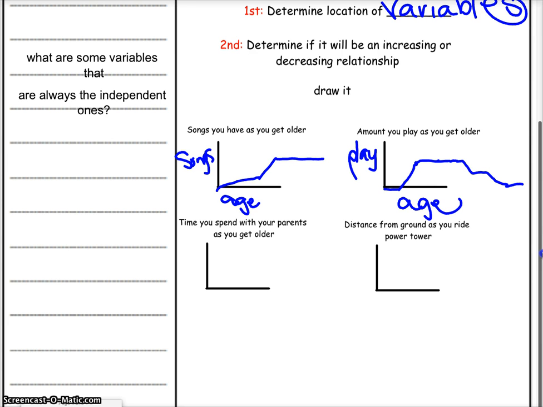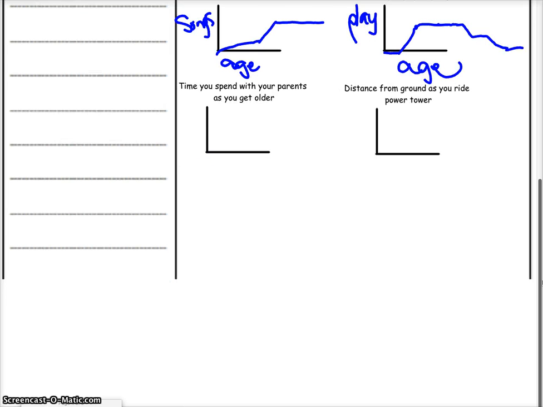Oh, this next one's sad. Time you spend with your parents as you get older. What happens? Eli, what happens? So time is independent, is what you're saying.